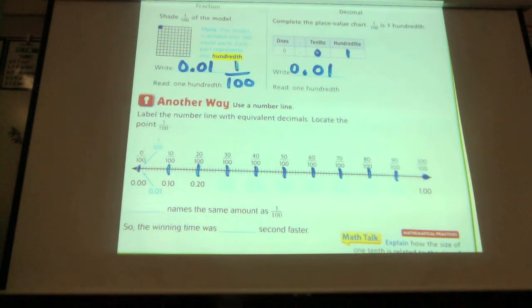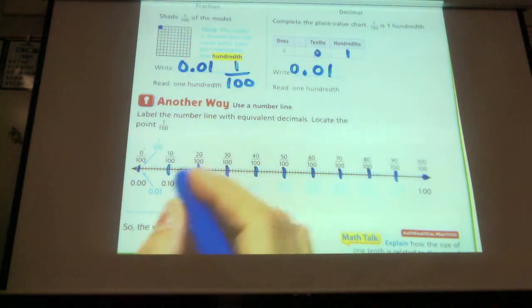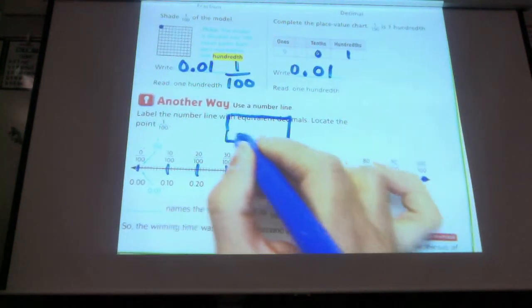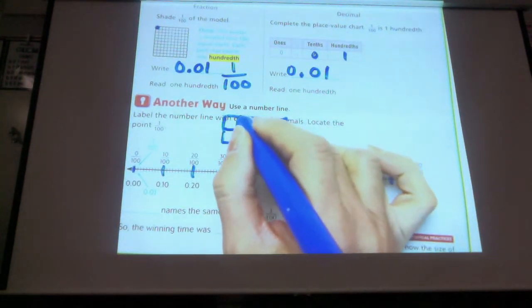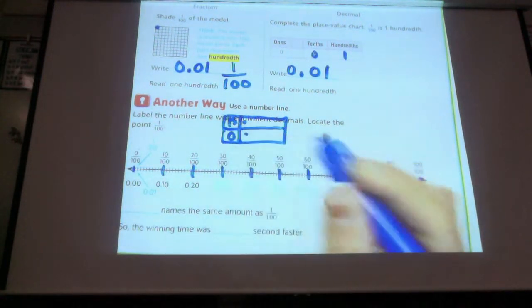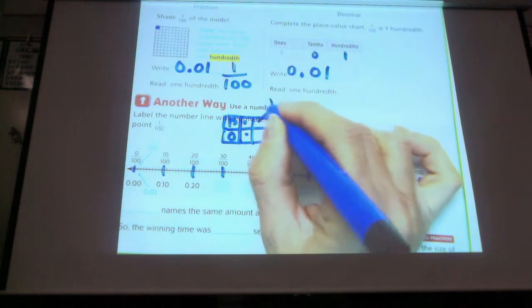But when we get to the 10 hundredths, if this is our place value, we have our decimal point here. Here's our ones, that's a 0. Here's our tenths.